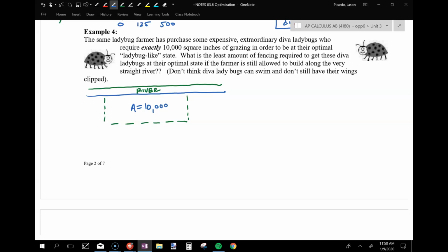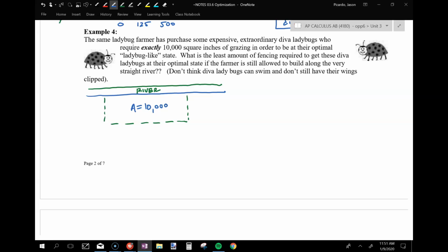So now my question is this. We could get 10,000 really easily, right? We could do 10 feet by 1,000 feet, right? That would work. Or we could do 100 feet by 100 feet. Yeah, we got it, 100 times 100.